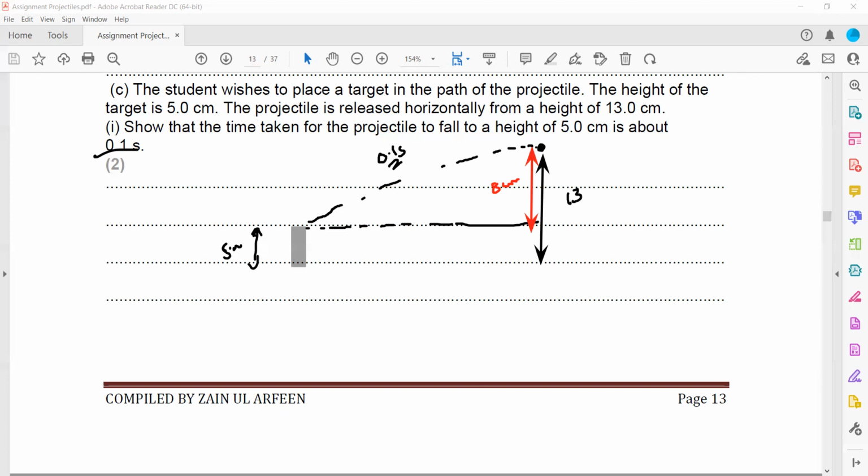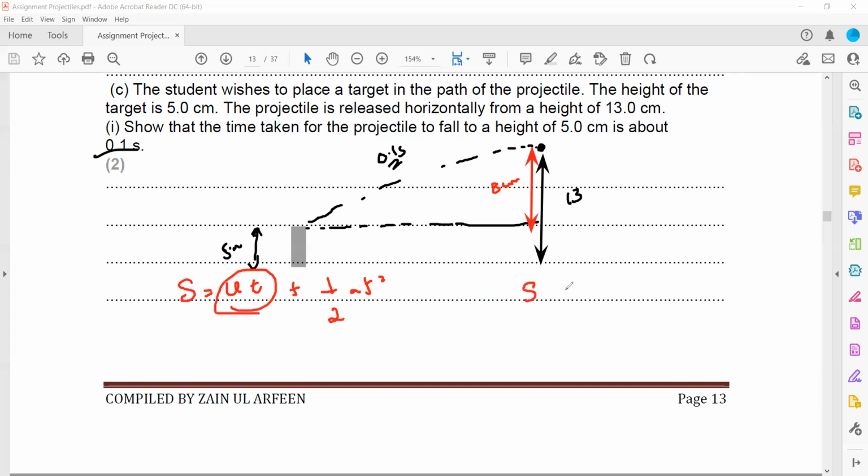When a projectile is launched from a certain height, there is an initial horizontal velocity, but the vertical velocity is 0. So we use the equation of motion, which is s equals ut plus half at squared. The initial vertical velocity is 0, whenever a projectile is launched from a certain height, so this whole term will be 0.